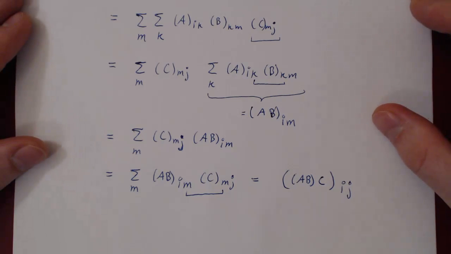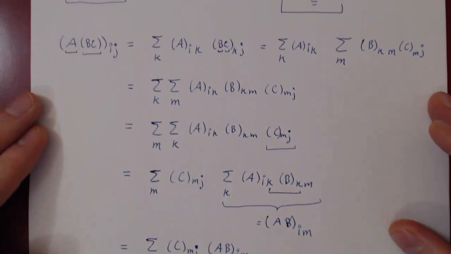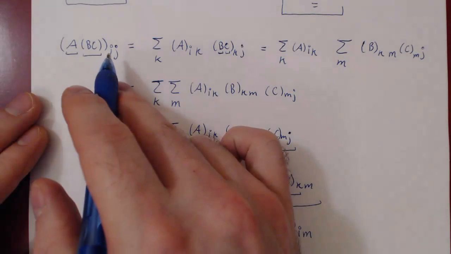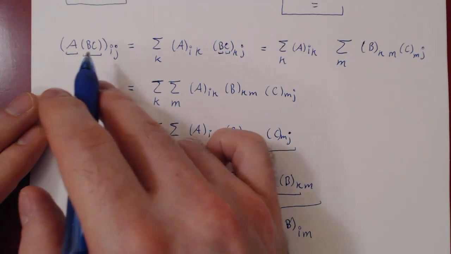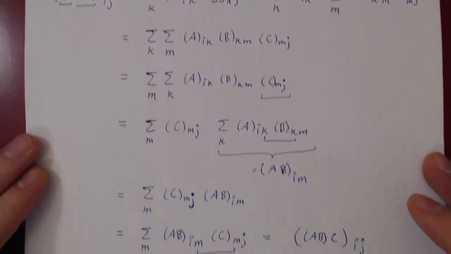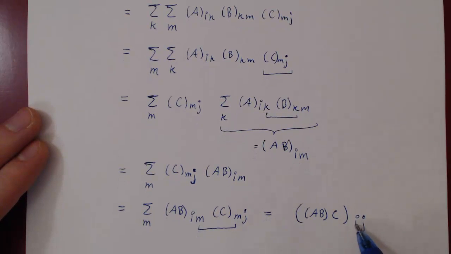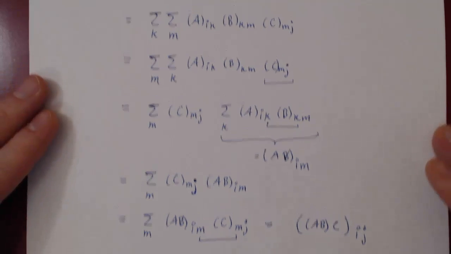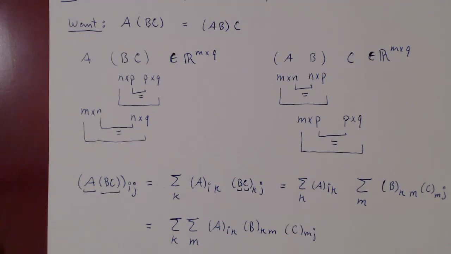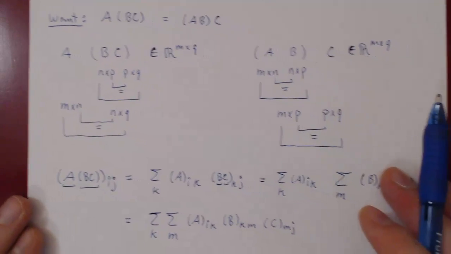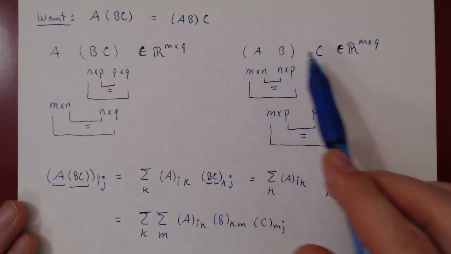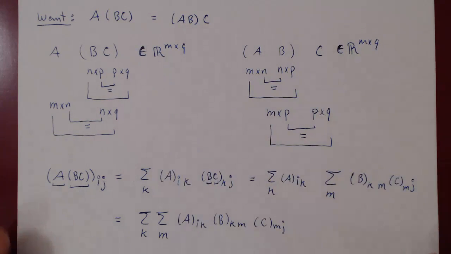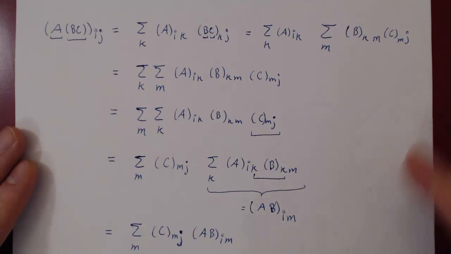But if you look back up, what have we proved? That the entry in the ith row, jth column of A times BC is the same as the entry in the ith row, jth column of AB times C. Therefore, not only do A(BC) and (AB)C have the same size, but they also have the same entries.